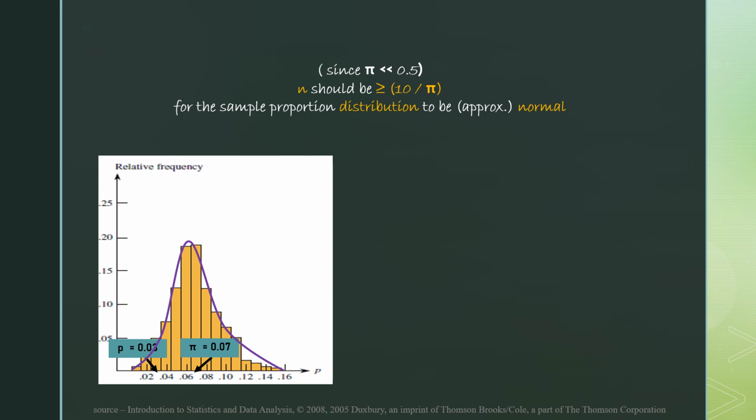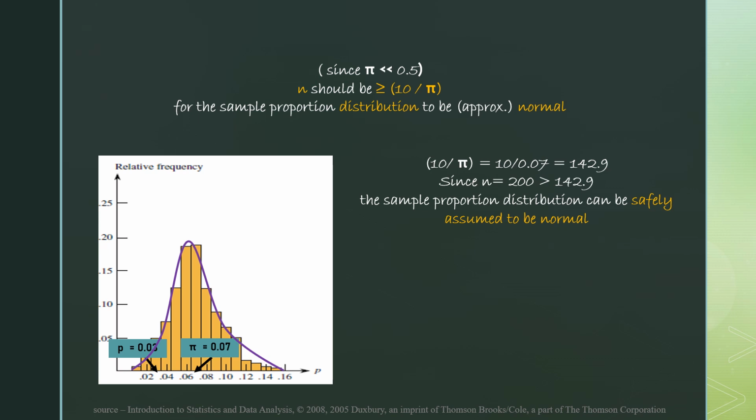Since pi is much less than 0.5, n should be greater than or equal to 10 divided by pi for the sample proportion distribution to be approximately normal. 10 divided by pi equals 10 divided by 0.07, which equals 142.9.